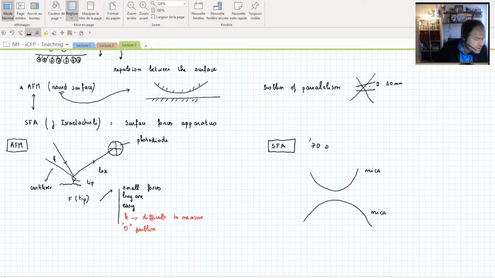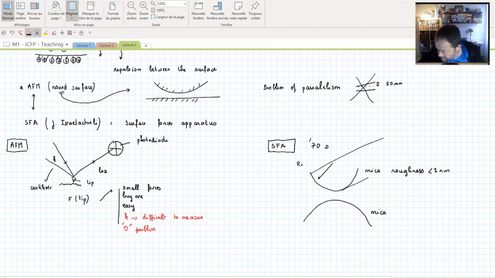Why mica? Because you can cleave it and have it with a roughness smaller than 1 nanometer. And they are making big objects, so they are not making spheres, they are making cylinders.